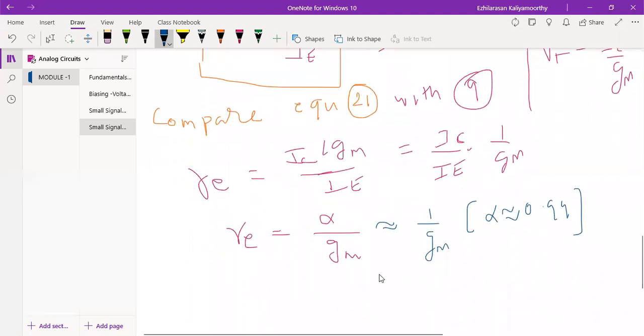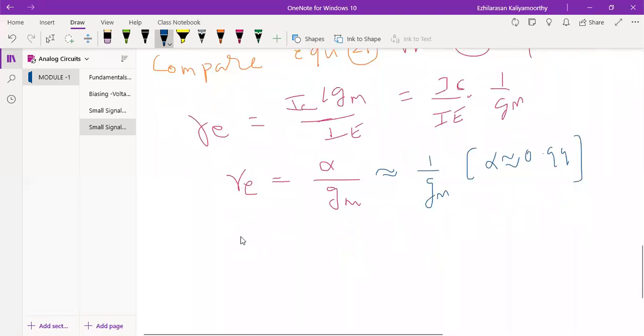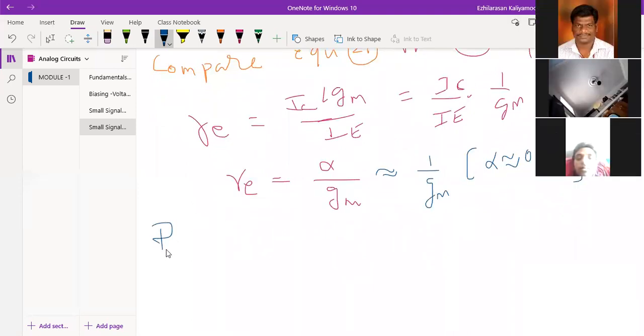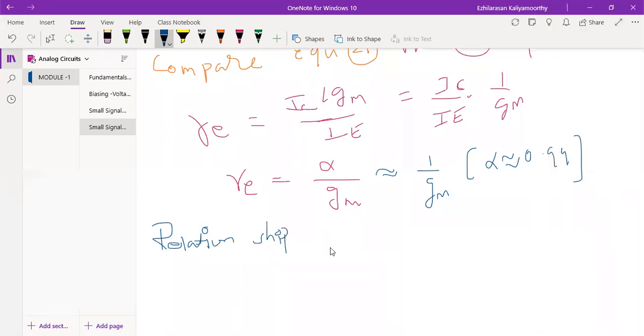So now what we'll do is take the relationship between RE and R pi, which can be found by combining RE and R pi.